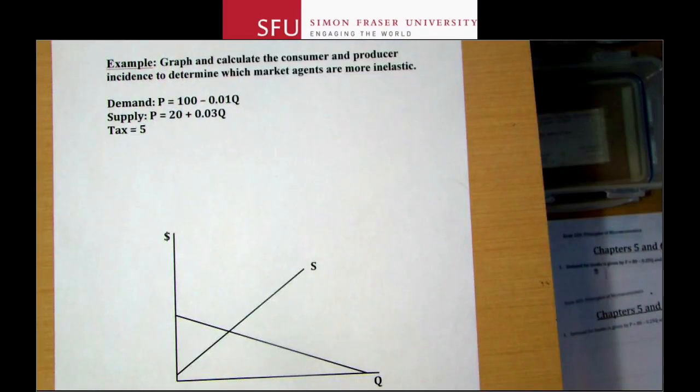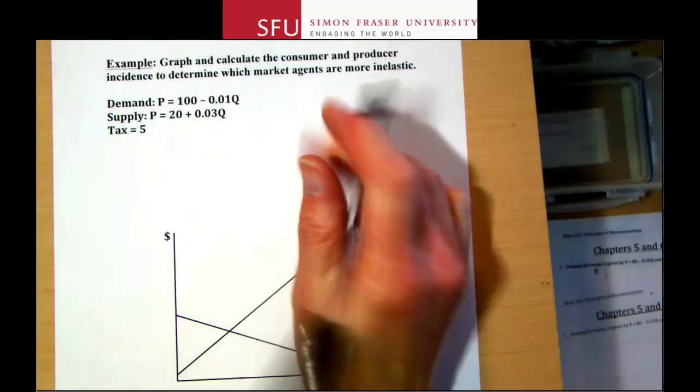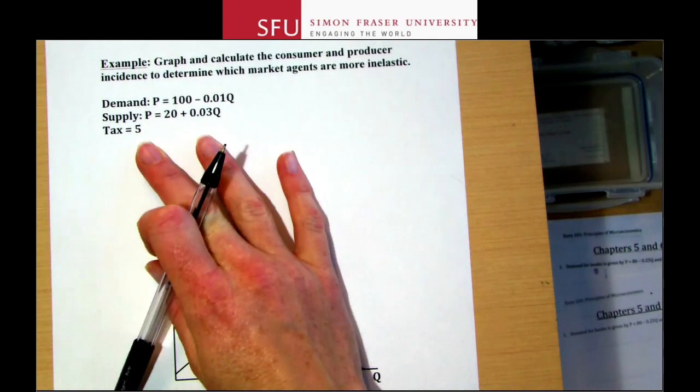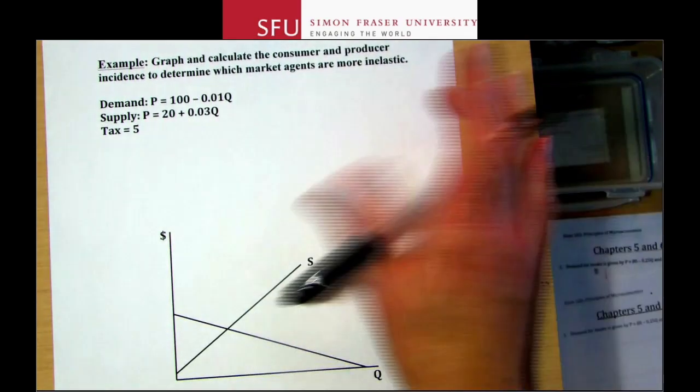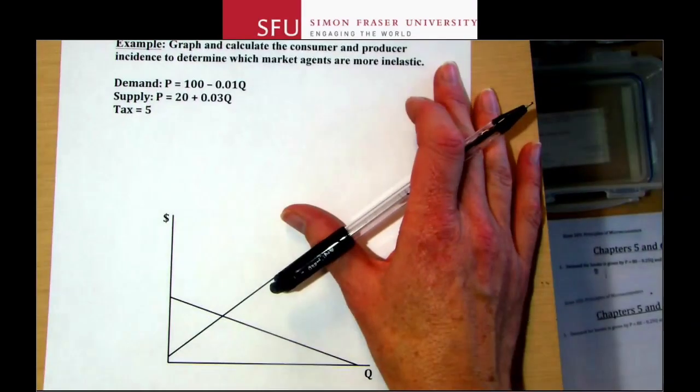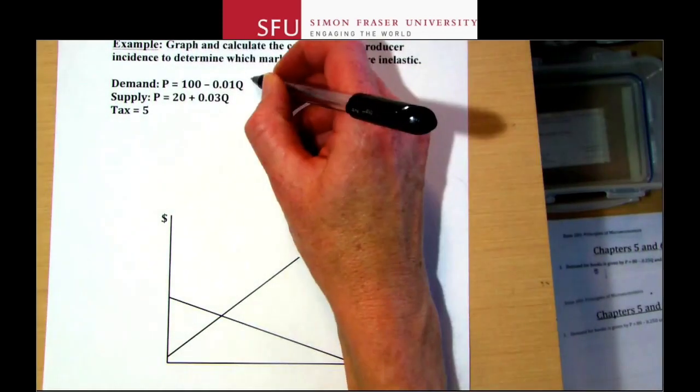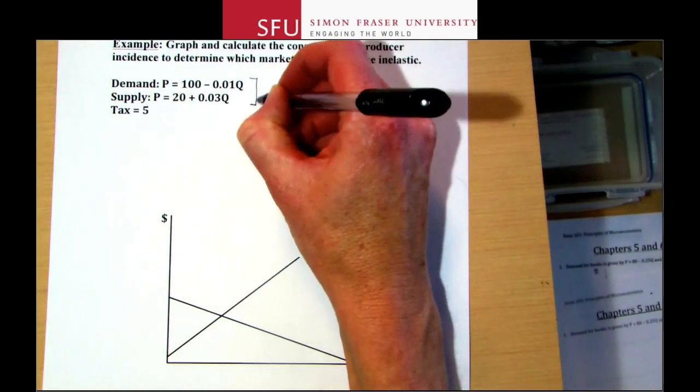So what we have here is a calculation question where we've got demand and supply functions and a tax. First thing we need to calculate is the equilibrium without the tax, so just using these two functions first.